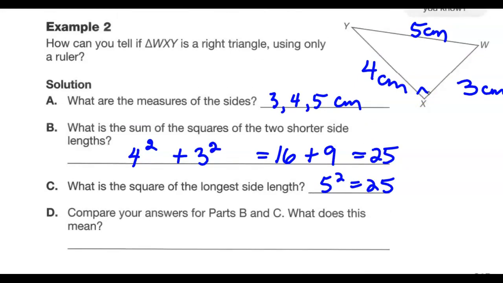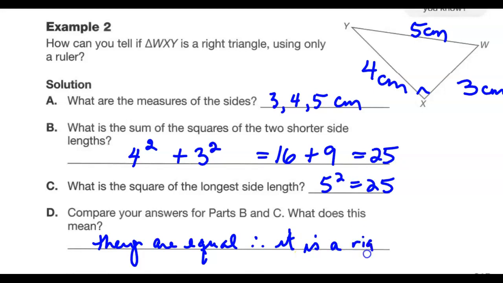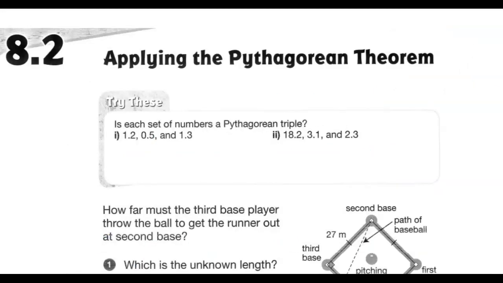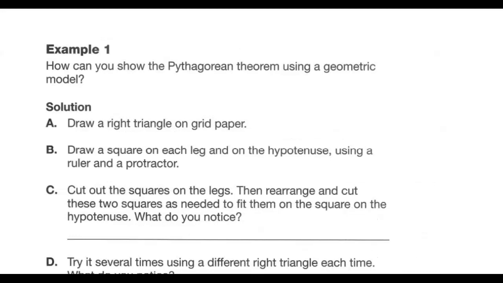It forms a right triangle. So they are equal. Therefore, it is a right triangle. Okay, and then I think you get into some practice, right? So you do that.